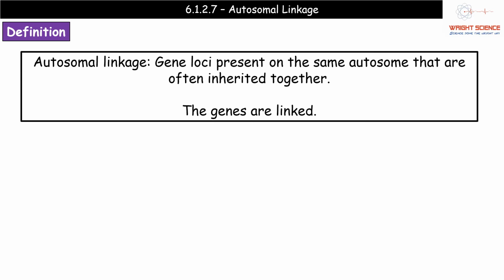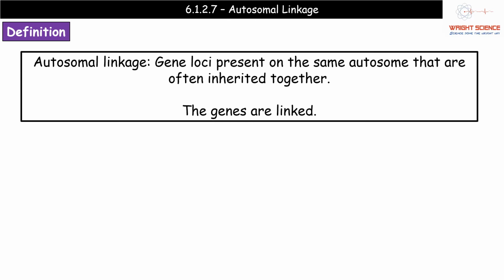As always, the first thing we're going to do is look at this definition, because if we don't understand the term, how on earth are we going to get any further? So when we are talking autosomal linkage, we are talking about the fact that the gene loci present on the same autosome are often inherited together. So the genes are linked in how they're going to be inherited.